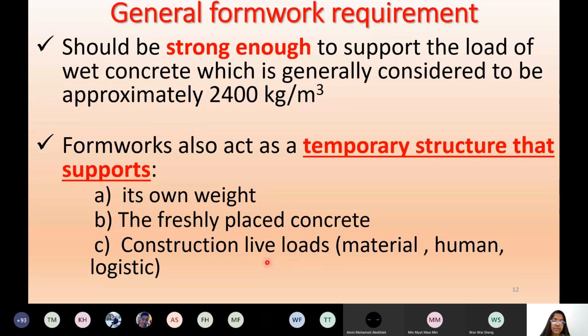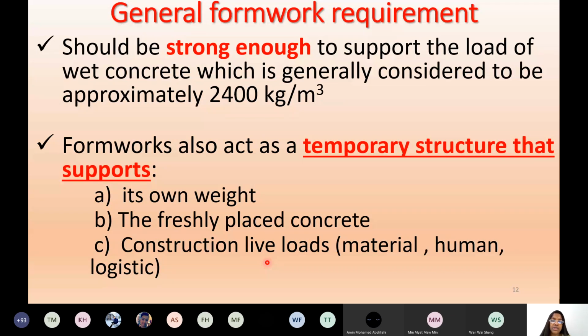If it is a roof, it is even more vulnerable, as all the people will be moving and pouring concrete. Above all, formworks are necessary whenever an element of the building is constructed more than 1.5 meters above ground. If it is less, there is no need of formwork.